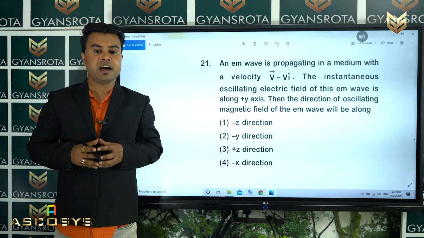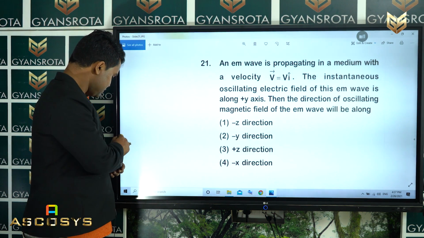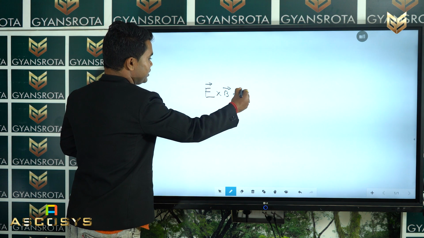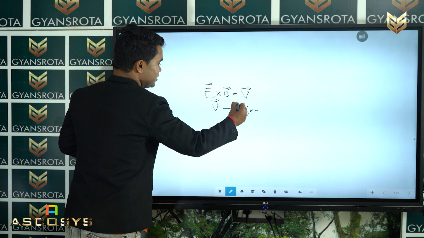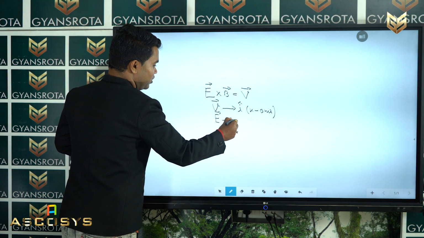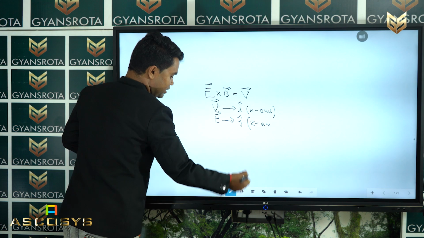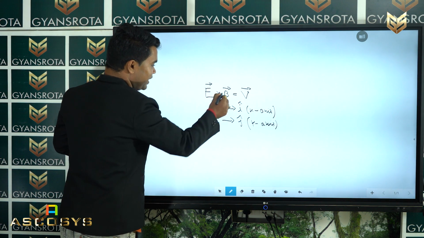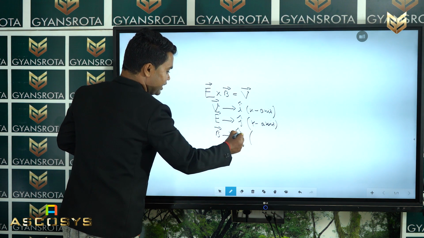We can solve this very easily if you know a basic formula from the chapter electromagnetic waves, and the formula says E cross B is equal to V. So V is along i cap, that is x-axis, E is along j cap, it's y-axis, and therefore your magnetic field B will be vibrating along z-axis, that is k cap.